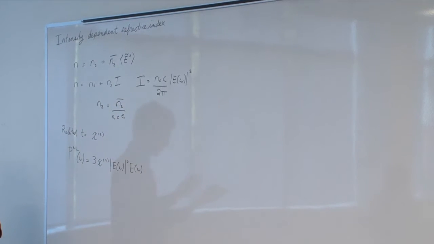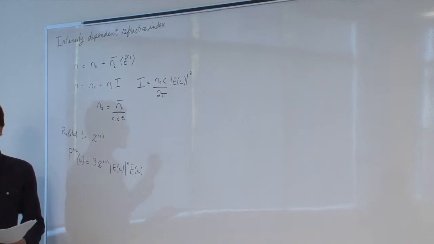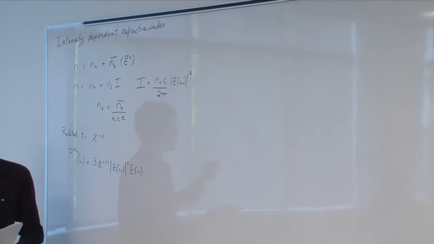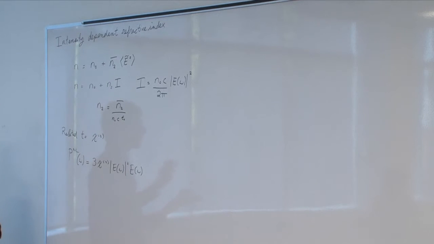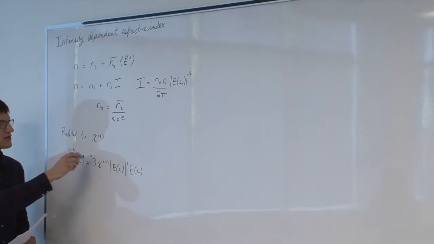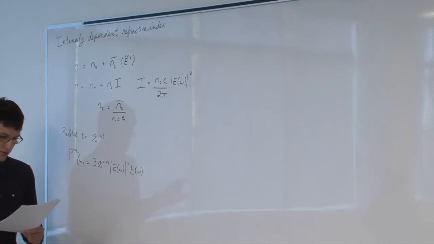Let me remind you that this is describing a process where the refractive index is being modified by a beam of light propagating in a nonlinear medium. So now I'm giving you a clue as to why there's this factor 3 here. Do you have an idea why this factor 3 appears? The degeneracy factor? Yes, this is just the degeneracy factor.